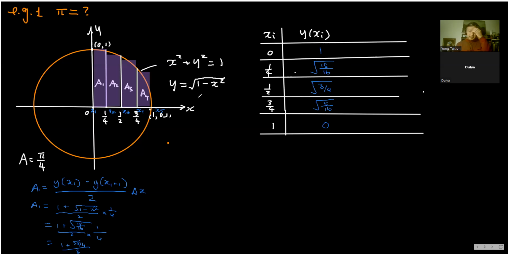Yeah. Okay. And then can we calculate this area? Can you calculate area? Delta x equal to quarter, yes. Okay.